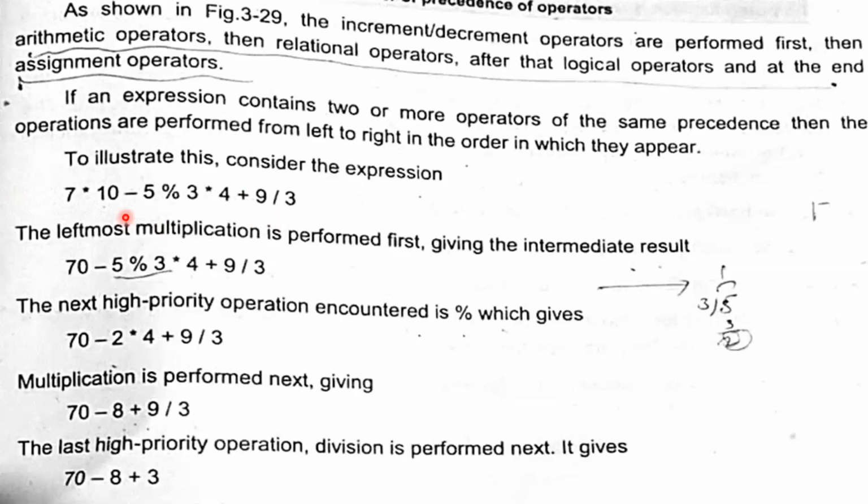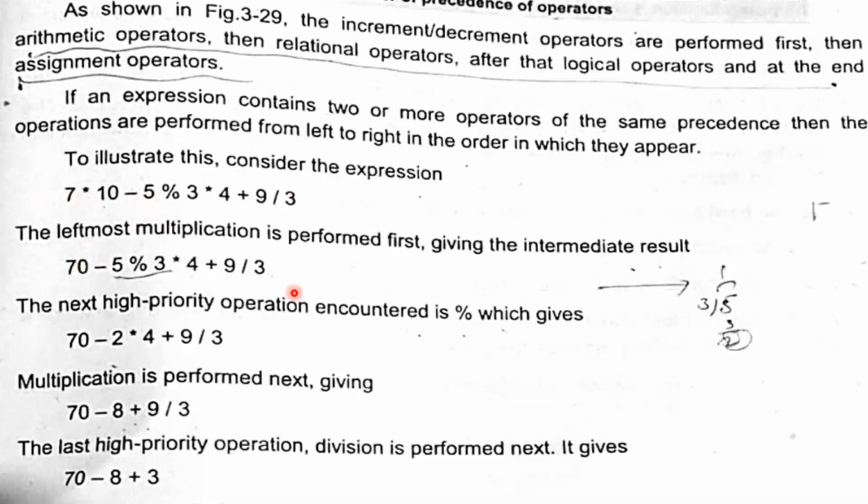Solve from left to right. Okay, so the first step is 7 multiplied by 10, 70. The rest of the equation will be the same, and the rest comes as it is.